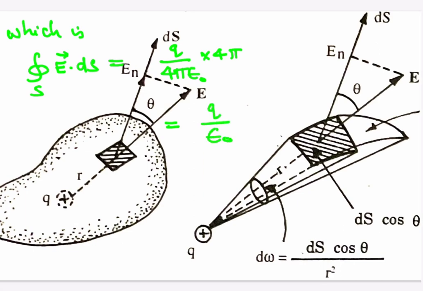Therefore, we get E dot ds for the whole area is equal to q by epsilon naught.